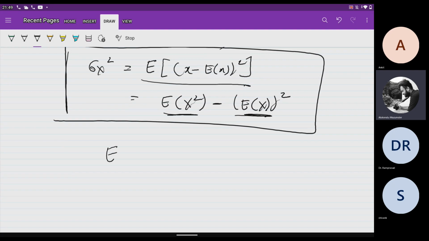So for the expectation of a random variable raised to x^n, it can be written as the integral of x raised to n times the density function dx.